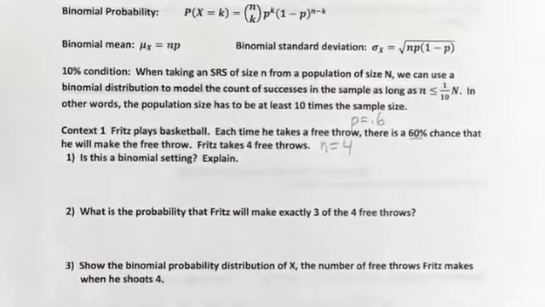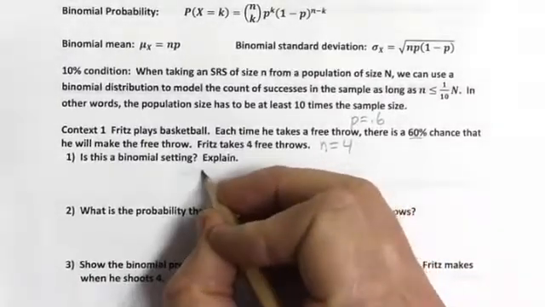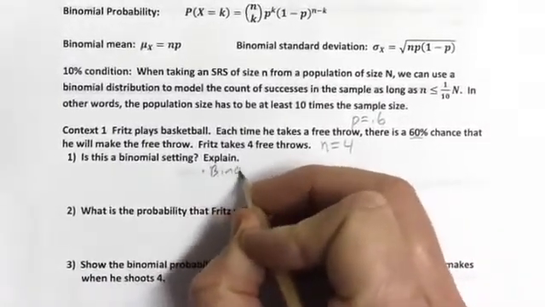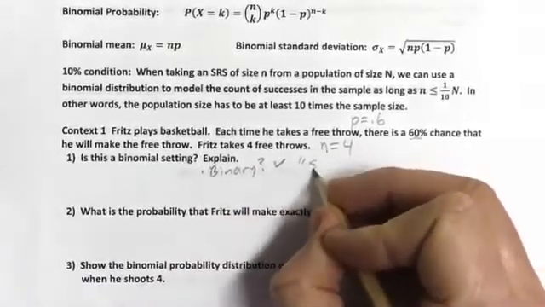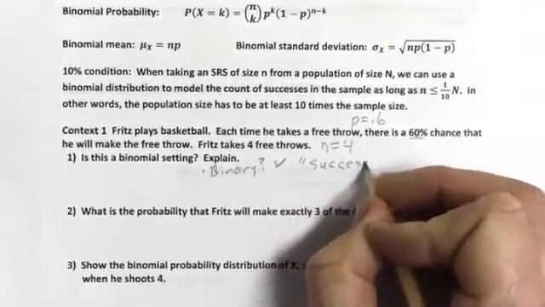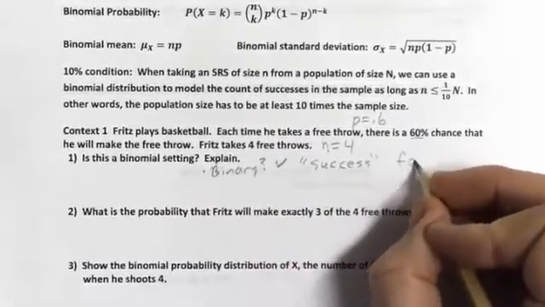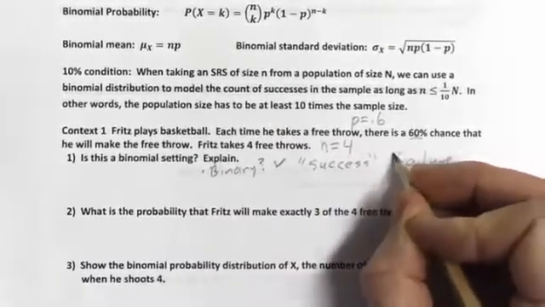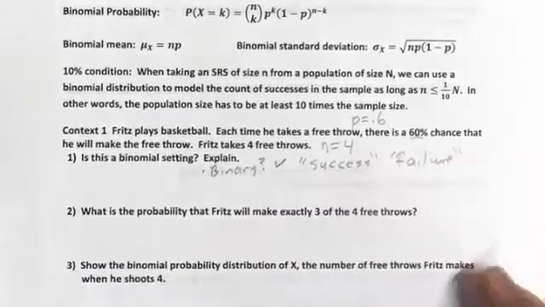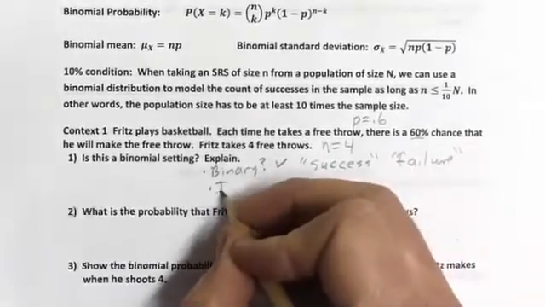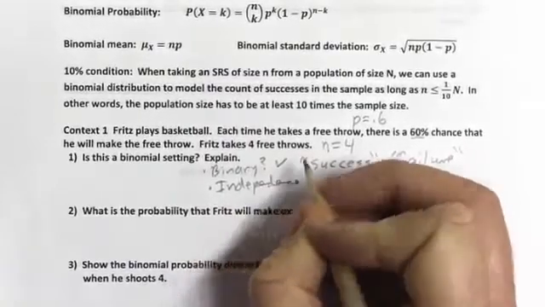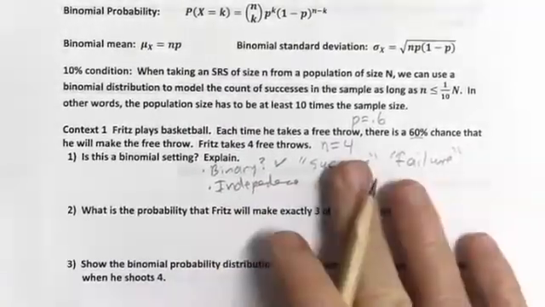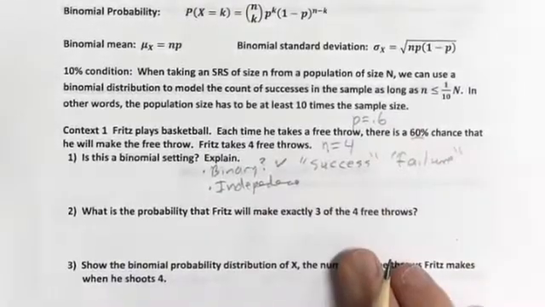Is this a binomial setting? First of all, is it binary? In other words, is it a success-failure situation? Yes, it is. Either he makes the free throw or not. There's no in between, no third option. So that is a binary situation. Do we have independence? Yes, the occurrence of one trial is not in any way influencing the probability of another trial.